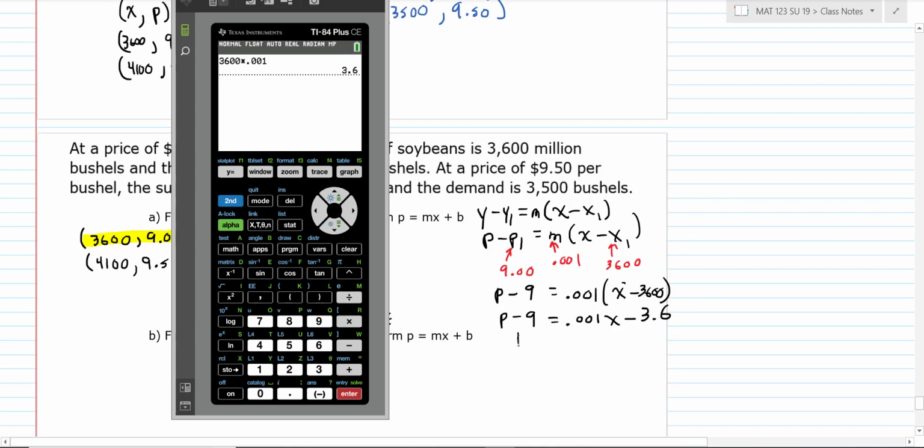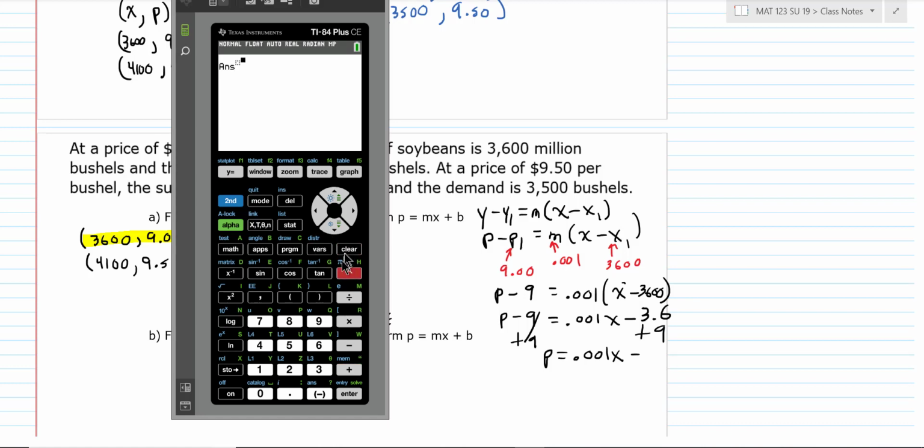And then all we need to do is just add 9 to both sides. So you would get P equals 0.001x. And then you can do this on your calculator. So 3.6, and then plus 9.